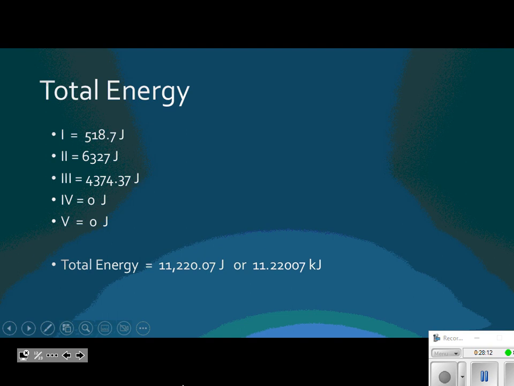So when I sig fig this to 3, I'm going to get 11.2 kilojoules, and that's going to be my answer. So what does this tell me? Well, to get 19 grams of ice from a temperature of negative 13 degrees Celsius to a temperature of 55 degrees Celsius, I'm going to need 11.2 kilojoules of energy.